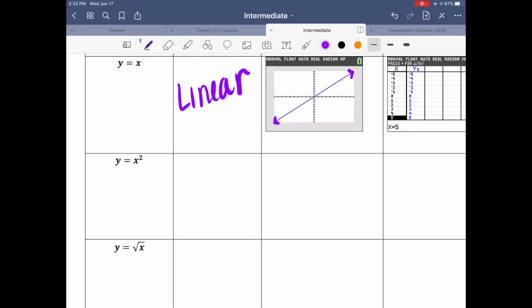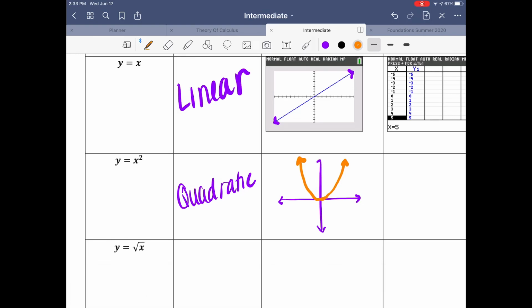This next one, y equals x squared, is called a quadratic function. And its graph, I'm just going to sketch one for you, is a U-shaped graph. And I'm just going to show you really quick.